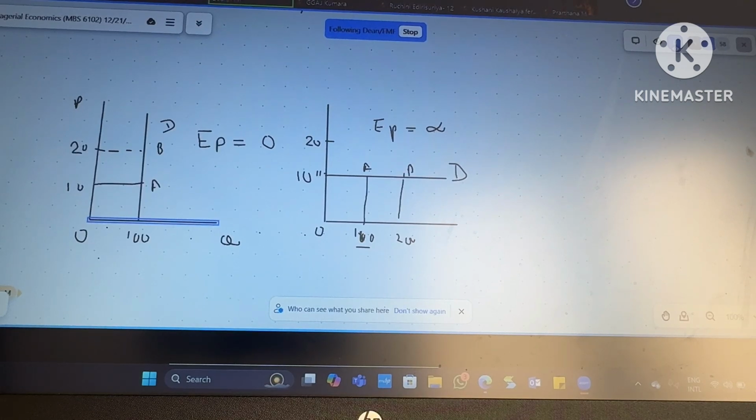But in real-world cases, the demand curve is either in this way, relatively steeper, or like this, relatively flatter.